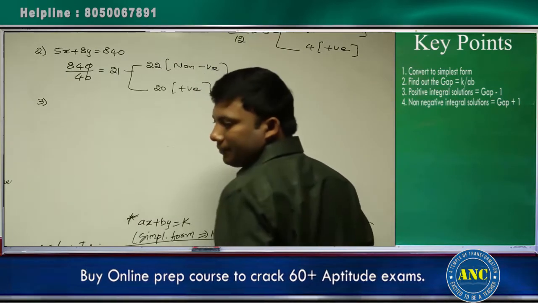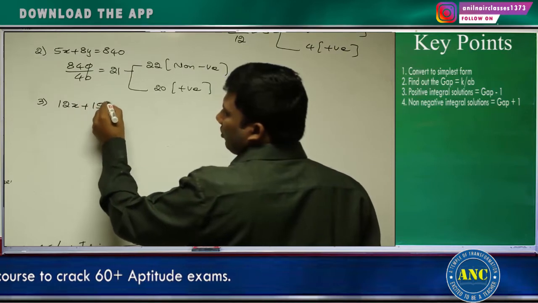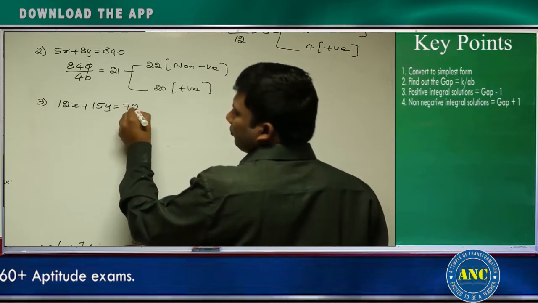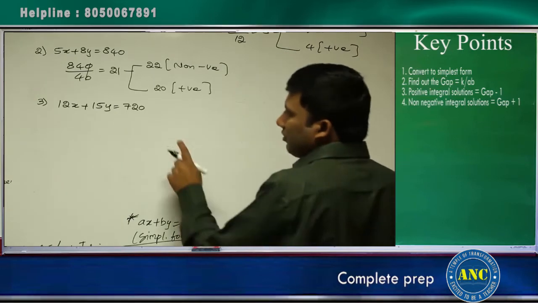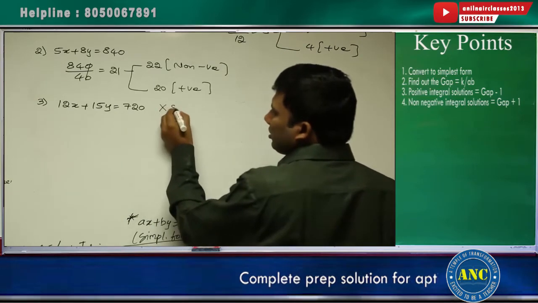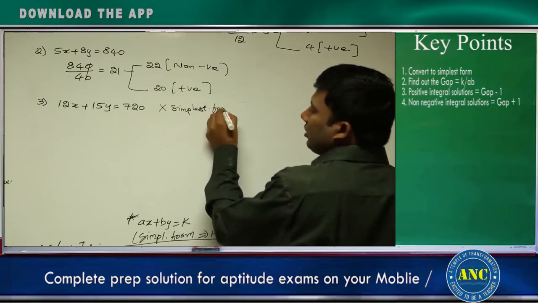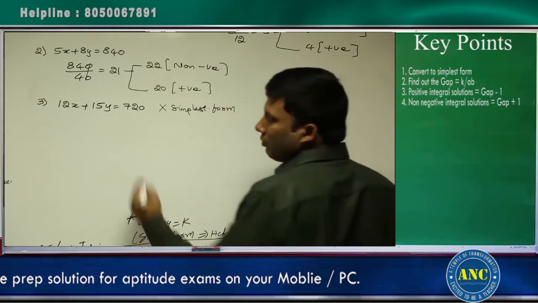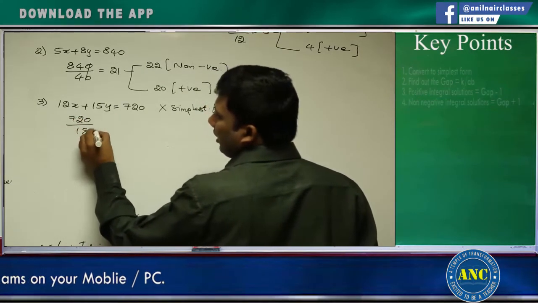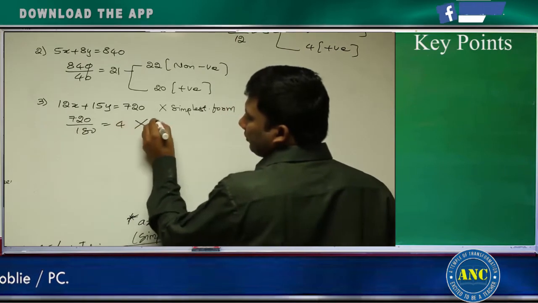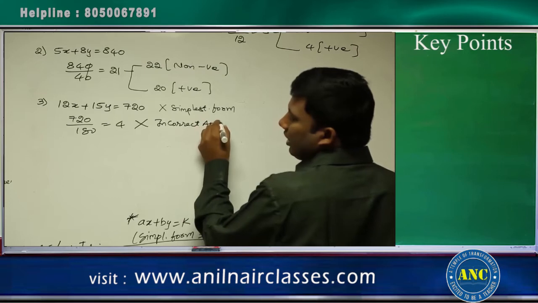Third one. 12x plus 14y equivalent to 720. First of all, this equation is not in its simplest form. Simplest form means the coefficients of x and y should be co-prime to each other. So make them co-prime. Solving like this, 720 by 168 is an incorrect answer.